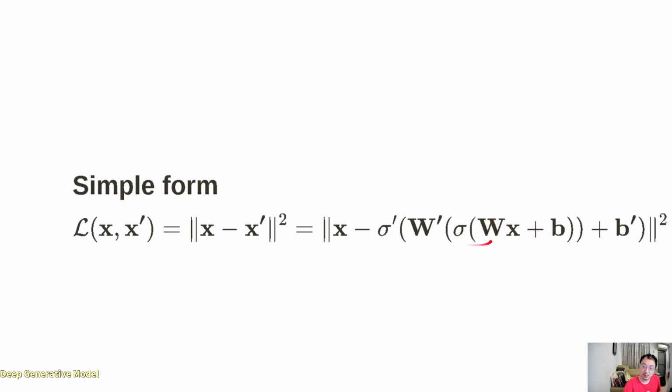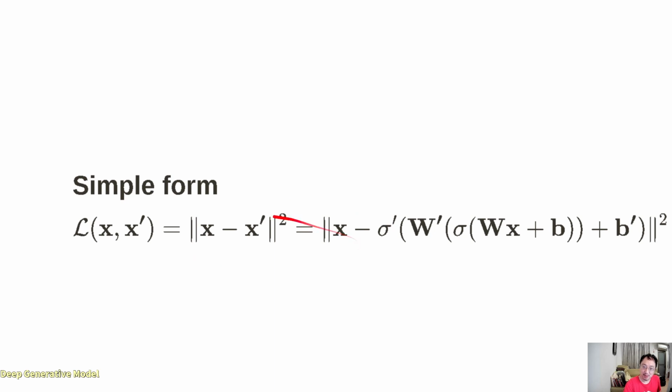After you get the output, this one is going to be the latent, and you have a sort of inverse affine transformation, and of course you have a sigmoid right here, the nonlinear part, and you go back. So this one is an encoder, and the outside one is a decoder, and hopefully we get x after this encoder and decoder transformation, and then get a new one called x prime. Hopefully x and x prime are very close.